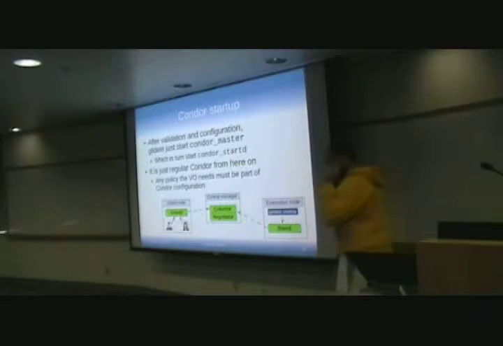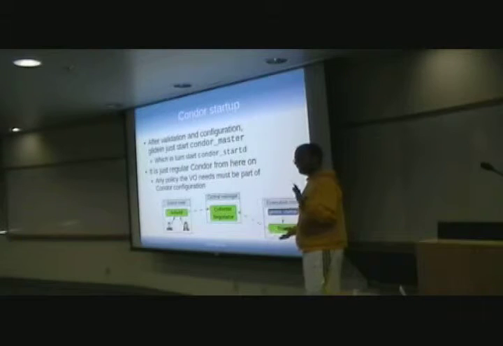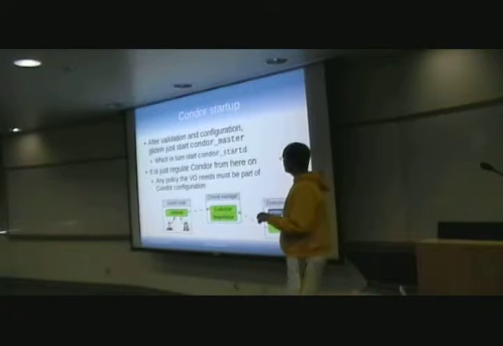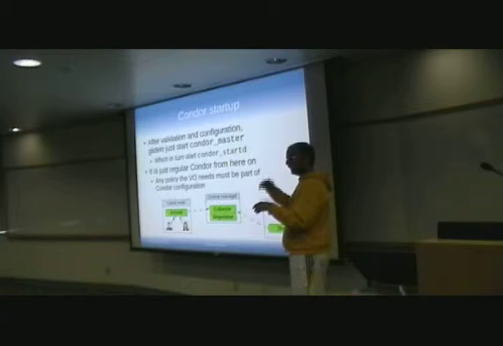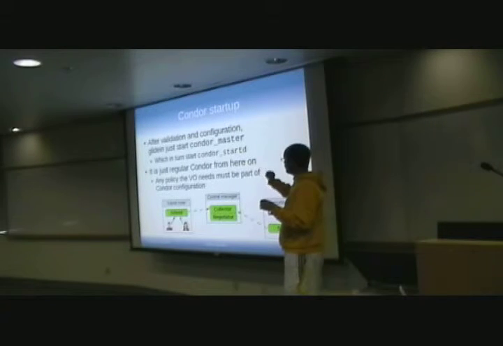Once we have gone through downloading all the files, running all the scripts, the final step is to actually get this information into the Condor config. That was done as one of the scripts. At this point, the Condor master is started, which will in turn start the Condor startd. Just regular Condor from here on.